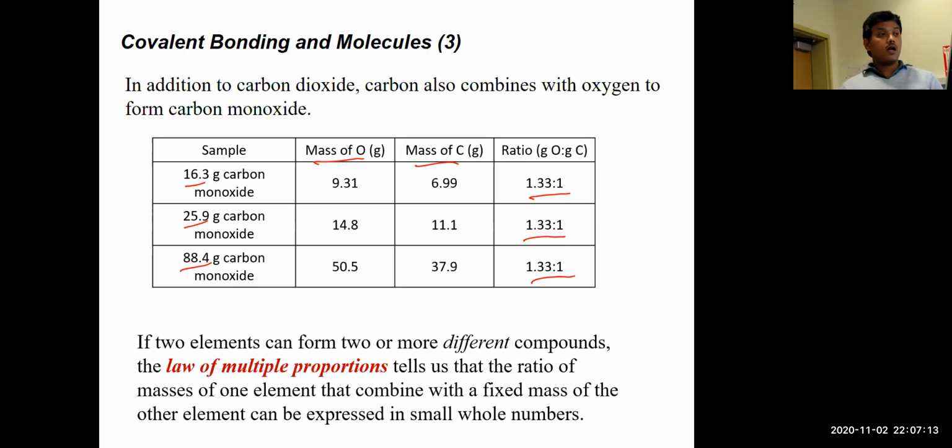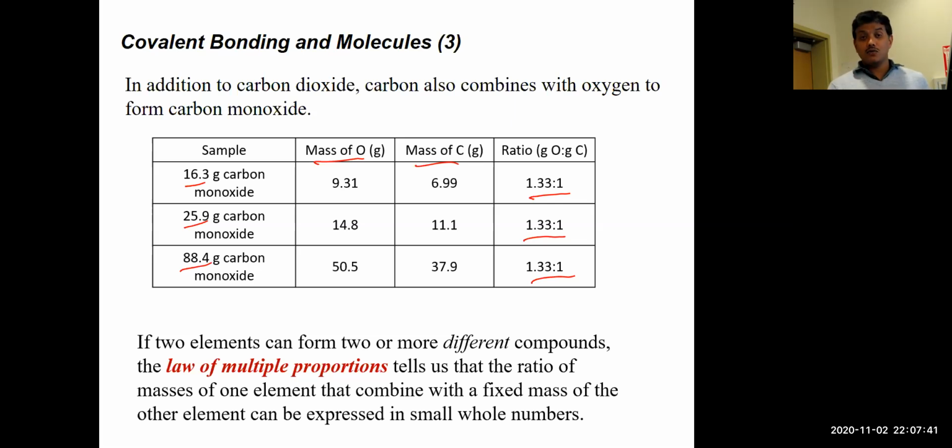Okay, so now what you have is fractional ratios of 1.33 oxygen versus 1 carbon, and 2.66 oxygens versus 1 carbon. They were fractions, right? 1.33 is a fraction, 2.66 is a fraction. So using the law of multiple proportions, we are going to come up with the whole number ratio so that it is easy to communicate.